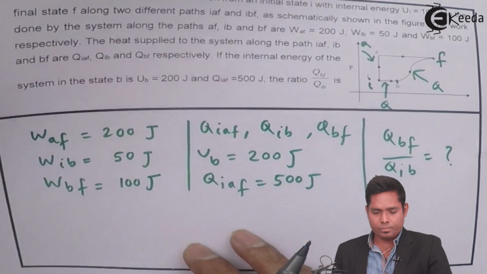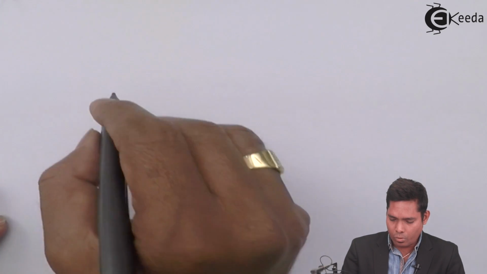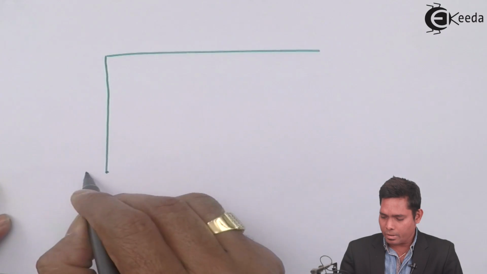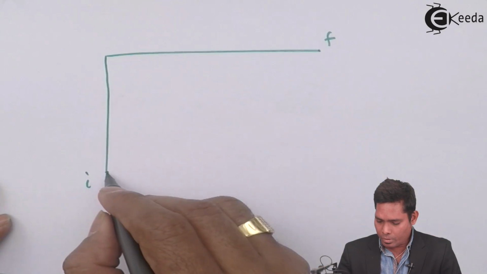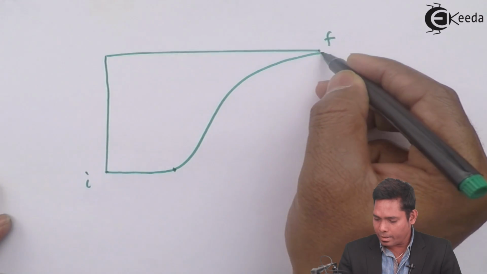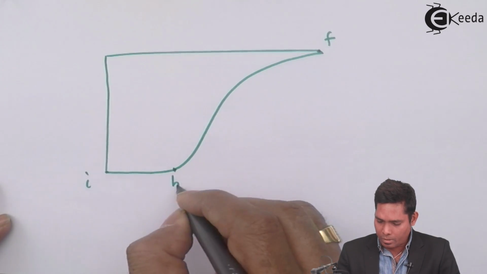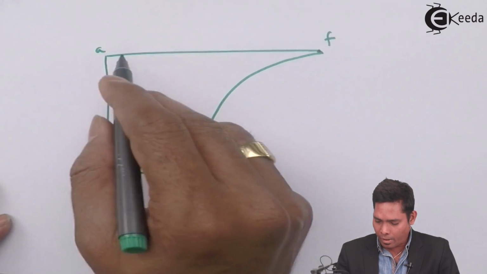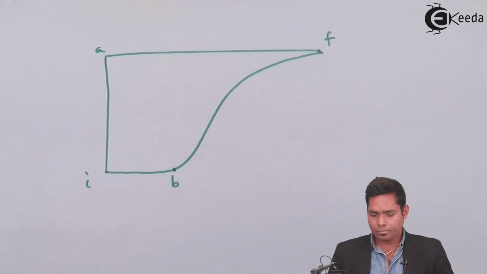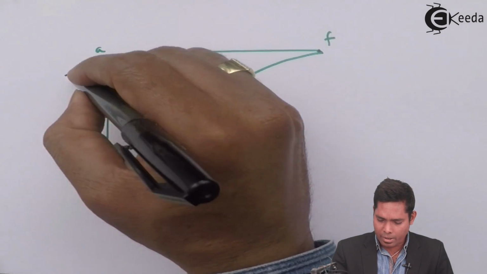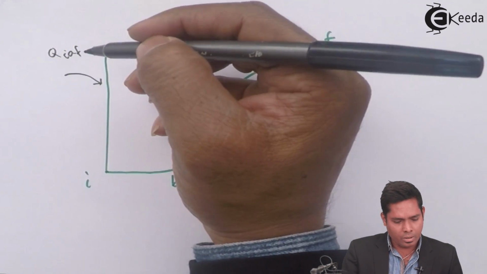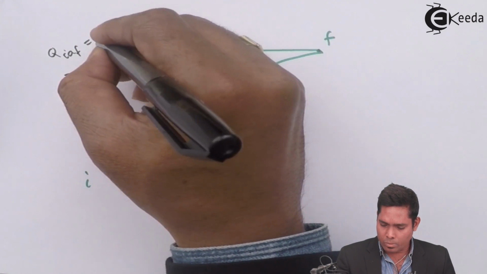If you draw the diagram properly, this is the initial point, this is the final point. This path goes up to B, then another path like that. This is B, this is A, IAF, IBF. In the question, the heat supplied along IAF is given as 500 joule.